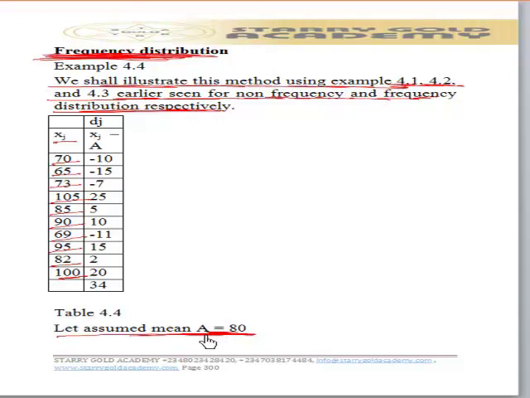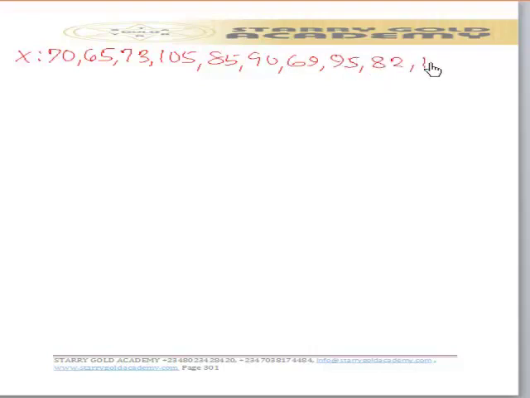So we are assuming our A to be 80. If that is the case, we have our x, which are given as 70, 65, 73, 105, 85, 90, 69, 95, 82, and 100. So this represents our x. We have 70.